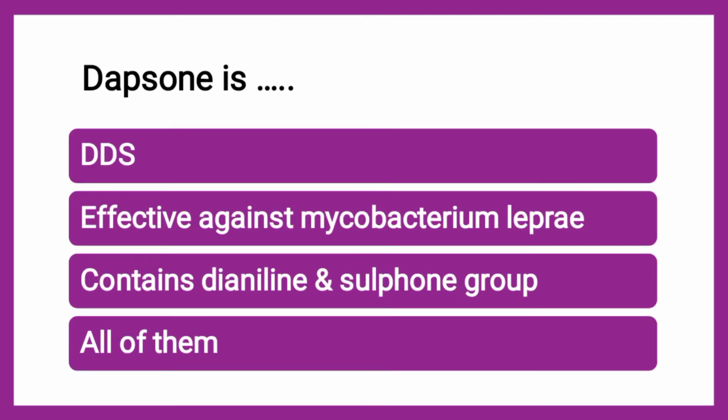Next question is, dapsone is dash. Whether it is DDS, whether it is effective against Mycobacterium leprae, whether it contains dianiline and sulfone group, or all of them? The correct answer is it is all of them. In an earlier video also we have seen the explanation about this, that is synonyms part 2, and there is a theory lecture on dapsone specifically.